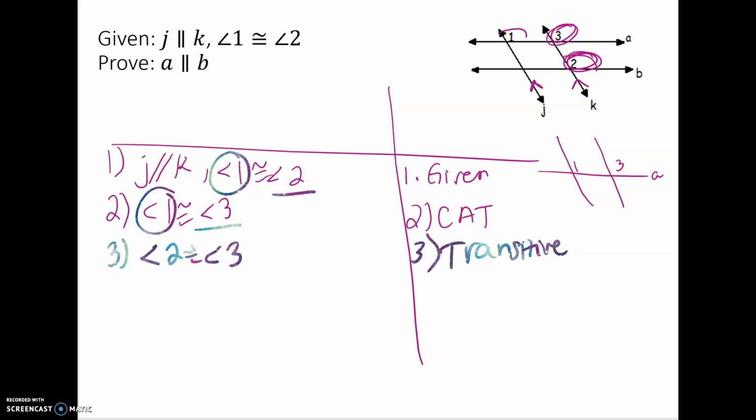Okay, what kind of angles are 2 and 3? Right, well, they're corresponding as well, but they're corresponding angles for A and B. So right here, I'm actually ready to say that A is parallel to B because those corresponding angles are congruent.